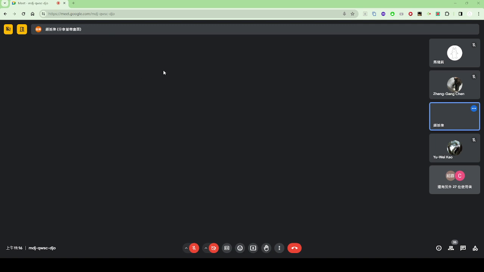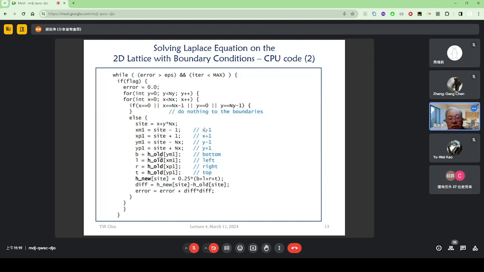So now if this flag is true, then I would update the array new from the old. Now I compute the site labels: x minus 1, x plus 1, y minus 1, and y plus 1.